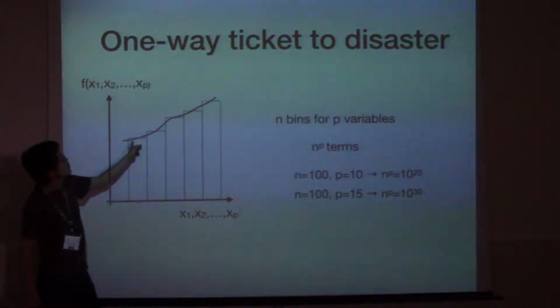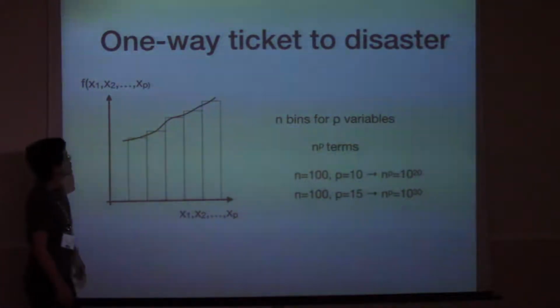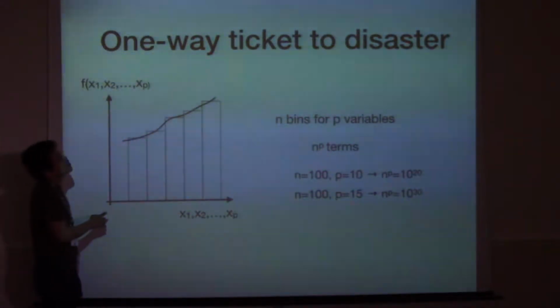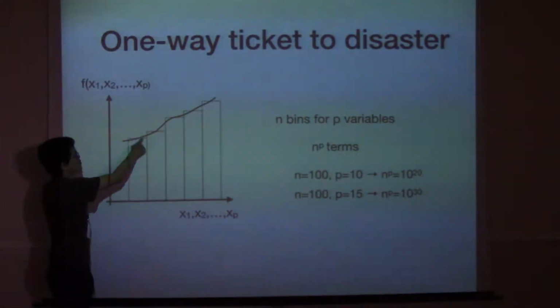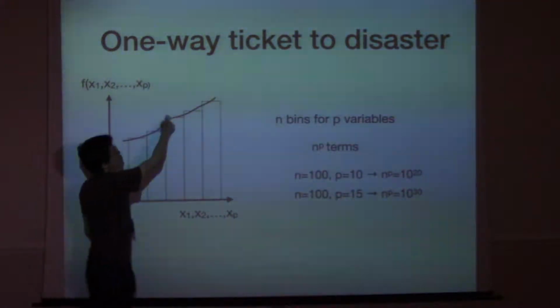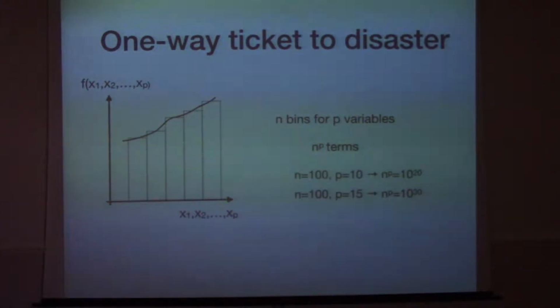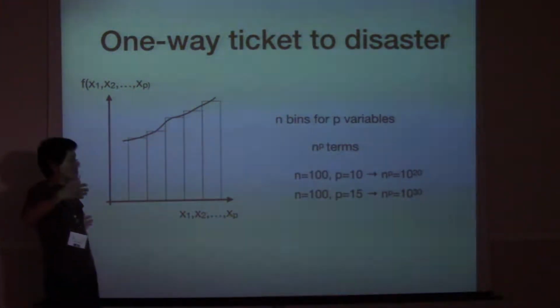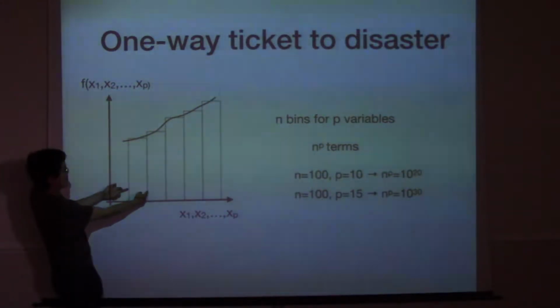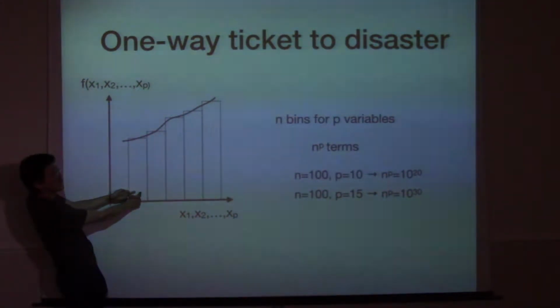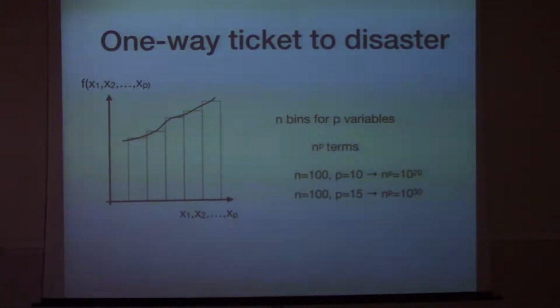So we have some curve, and imagine we try to approximate the integral just by summing the area of these bins. This is what we have learned in high school or college. And by taking the limit when this bin is very narrow, we can define the integral, right? This is the definition of Riemann integral.